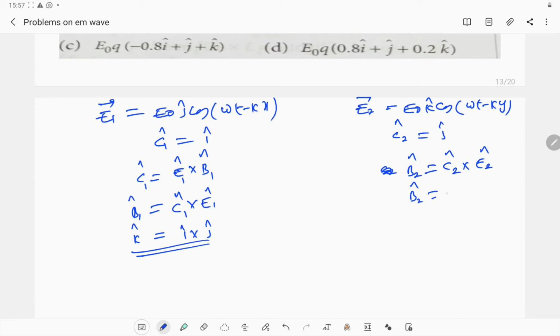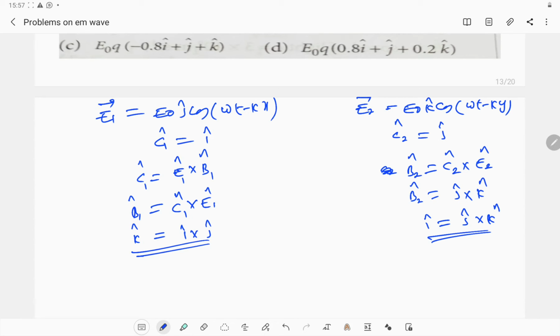This becomes c2 is j cap cross e2 is k cap. Therefore j cap cross k cap is equal to I cap.